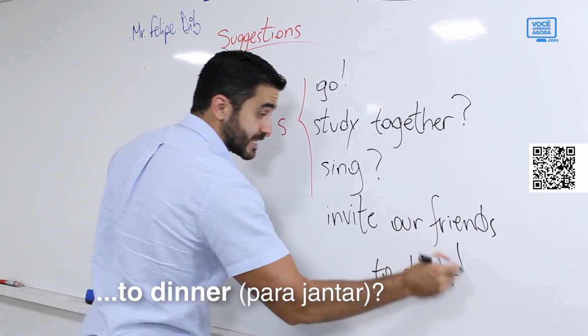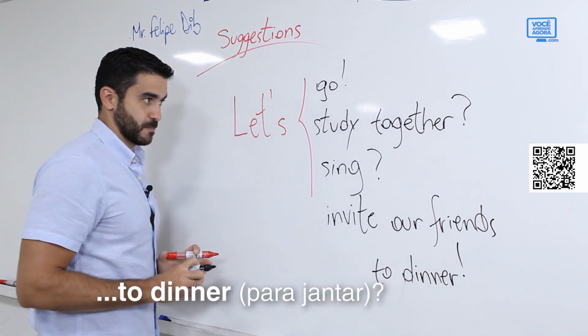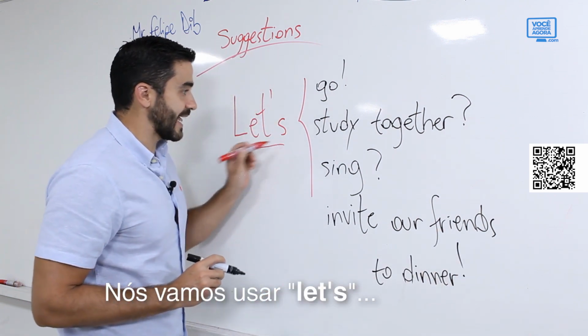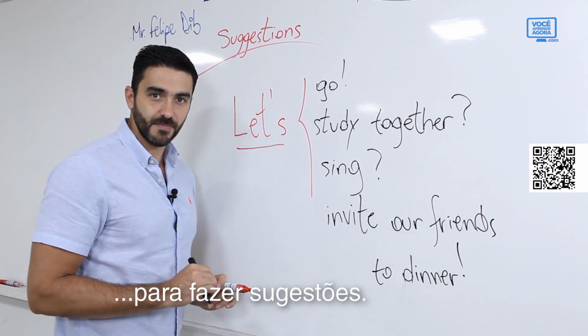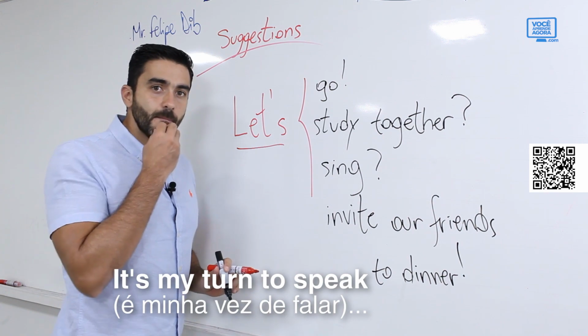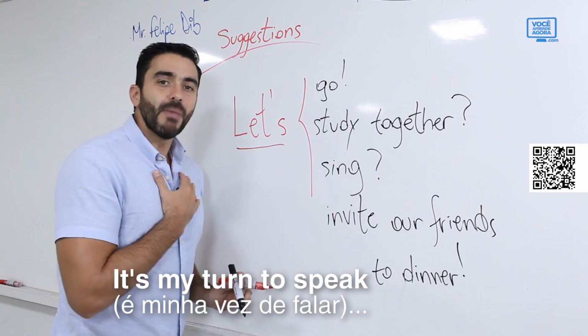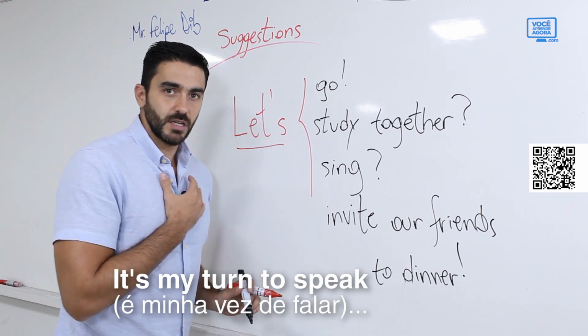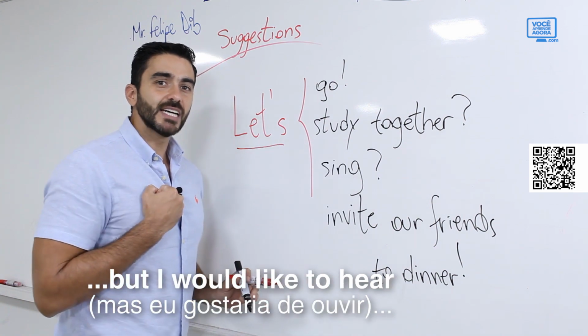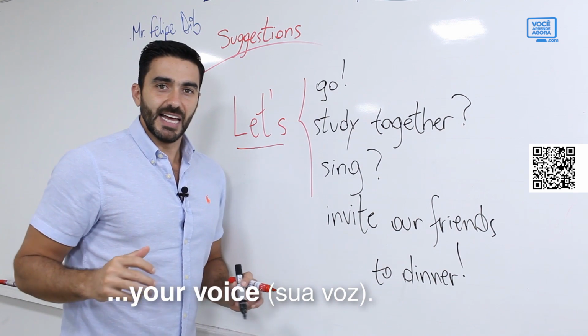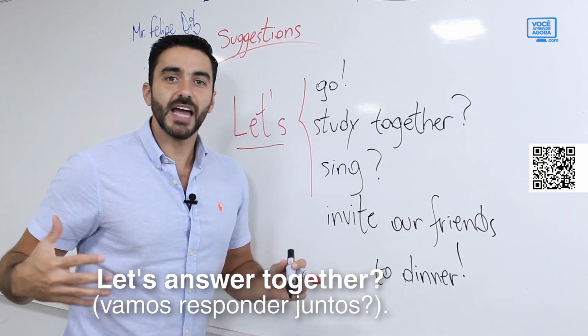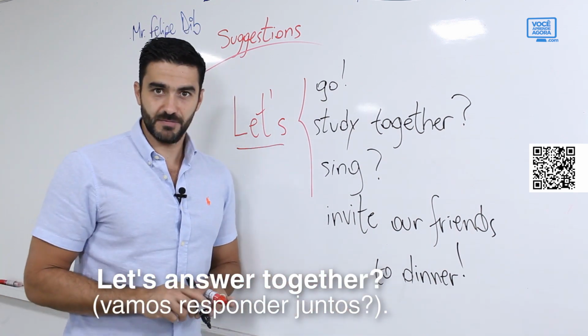Let's invite our friends to dinner. We're going to use let's to make suggestions. Hey, it's my turn to speak, but I'd like to hear your voice. Let's answer together.